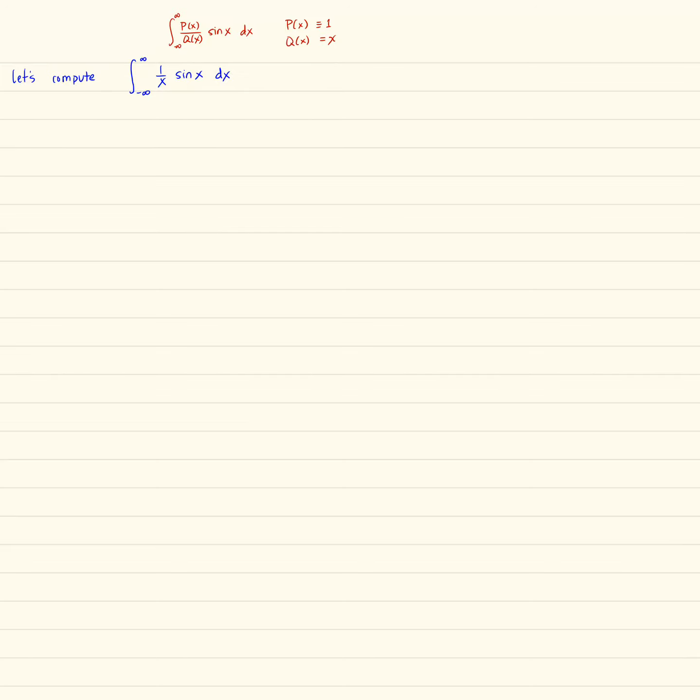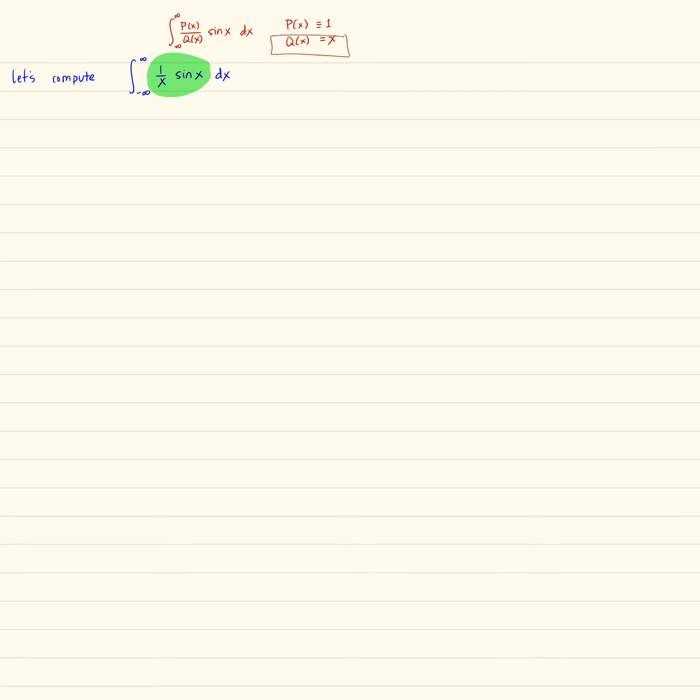The problem, though, is that we're going to have to take into account that q can be 0, in particular at the origin. Now, we know that just looking here, the limit as x goes to 0 of sine x over x is 1. So we do not have a pole here. We have a removable singularity. So it'll be okay for us to integrate, right?